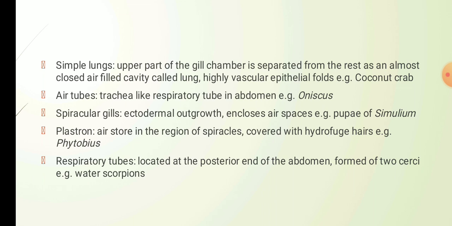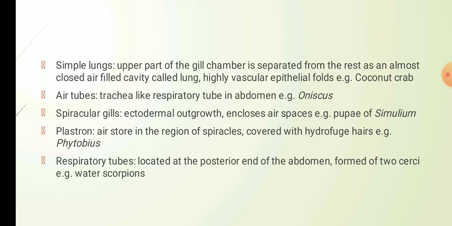The next type of respiratory system is the respiratory tubes. Respiratory tubes are found in water scorpions like Nepa and Ranatra. They are located at the posterior end of the abdomen, and each respiratory tube is formed of two cerci.